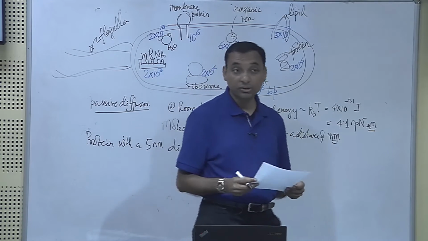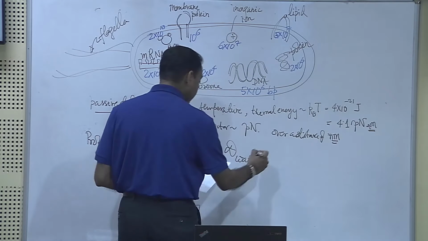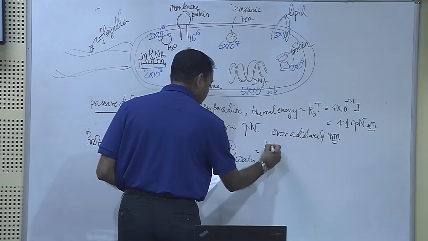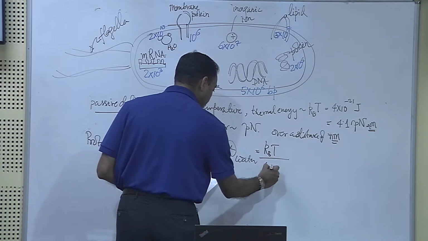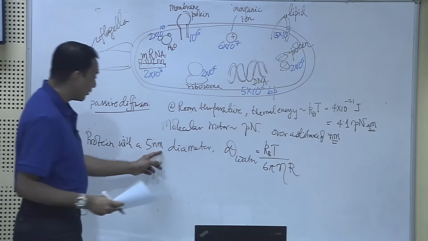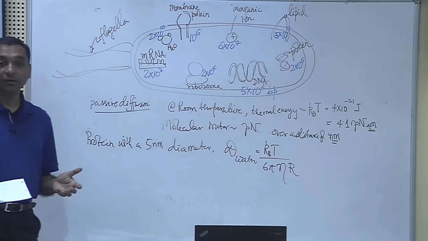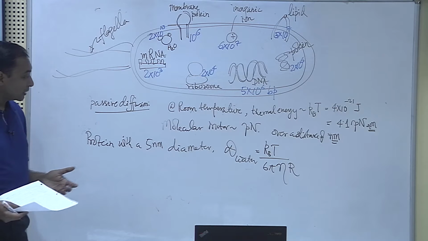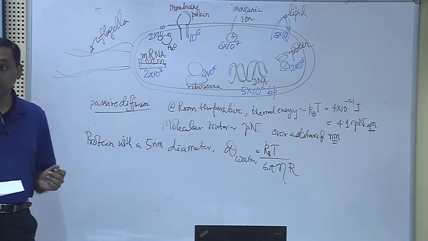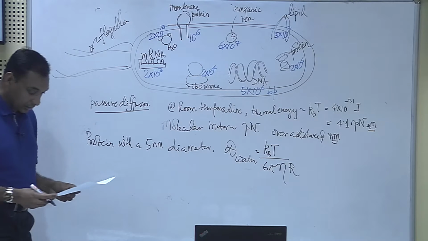It is with the Einstein-Stokes equation, which is kBT divided by 6 pi eta times R. So, if I plug in the R, I know the viscosity of water, and kBT I have already calculated as the thermal energy. So, that will give us the diffusion coefficient.